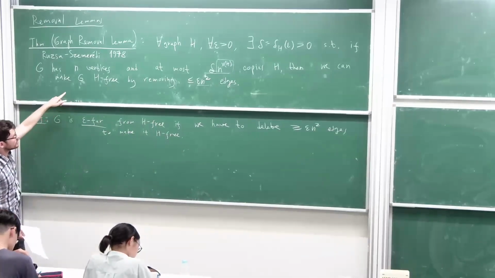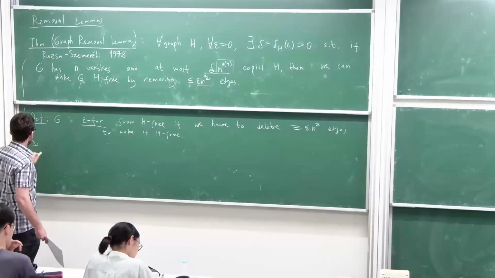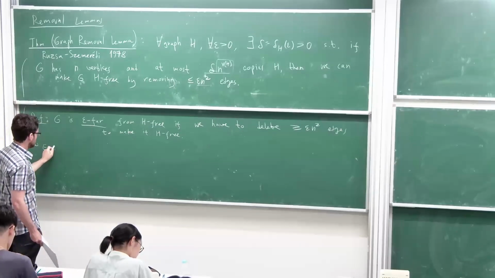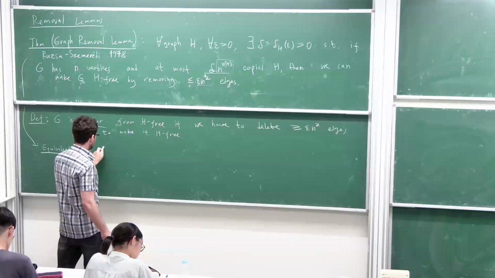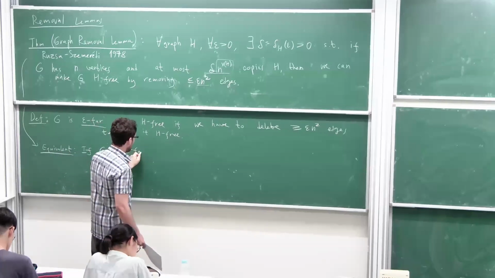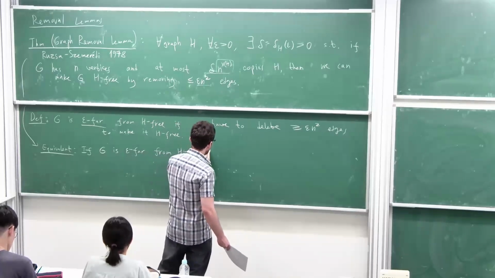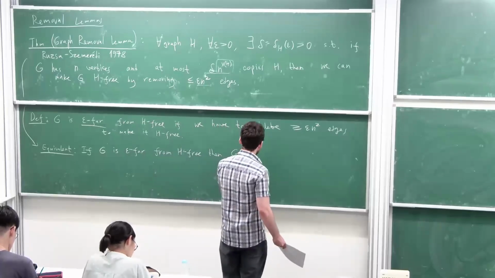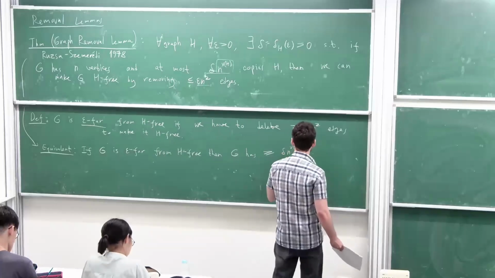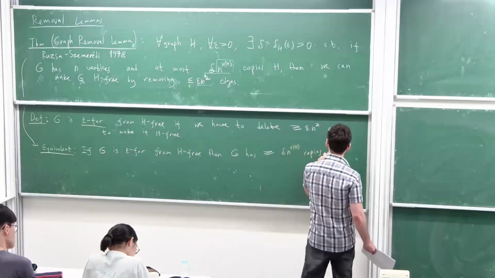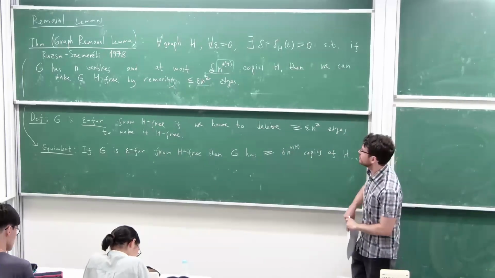If I restate this theorem by taking the contrapositive, equivalently: if G is epsilon-far from H-free, then G has at least delta n to the v(H) copies of H. So this statement is exactly equivalent.